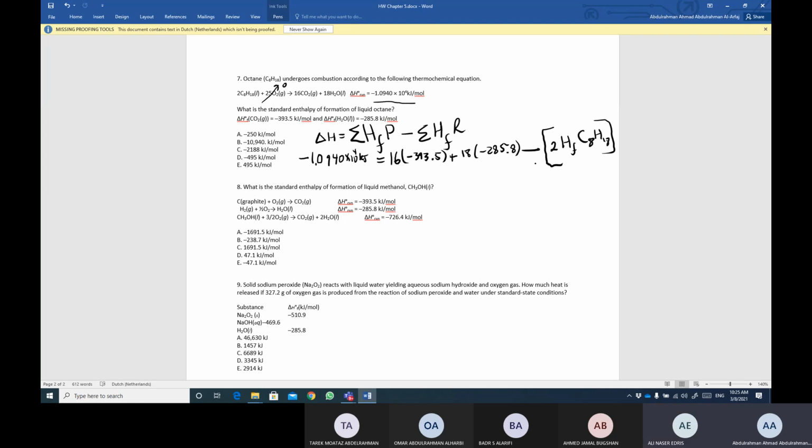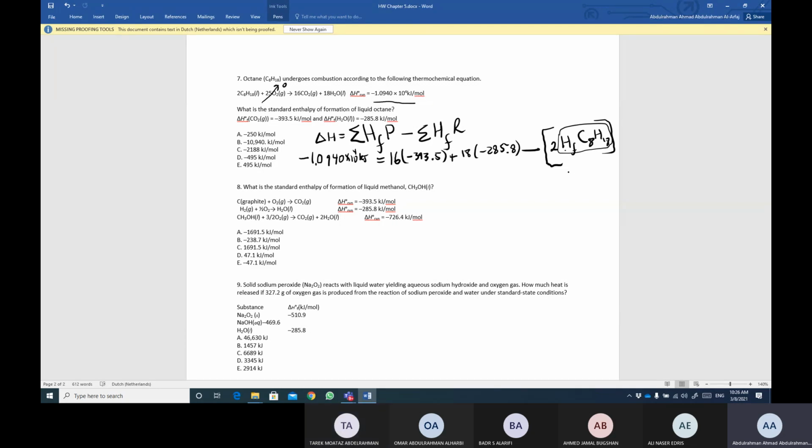We will divide by the coefficient of the compound, 2. I want the heat of formation of 1 mole. So after you do the whole calculation, just divide by 2. Minus 250. Who got the same answer? Yes, the same. Let's hope so.